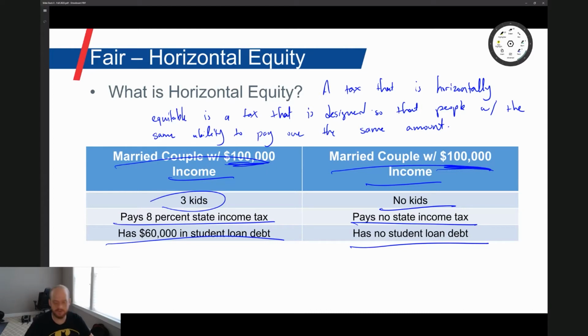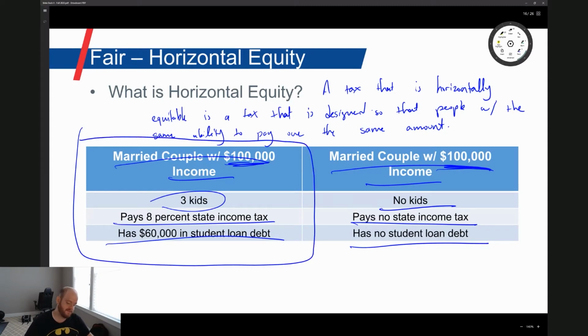Well, they don't, because these people are incurring more expenses. So when we talk about same ability to pay, first of all, we need to work off of the base income that we're dealing with, because $100,000 doesn't mean the same thing to these two groups. Even though these couples have the same wage income, do they actually have the same ability to pay?